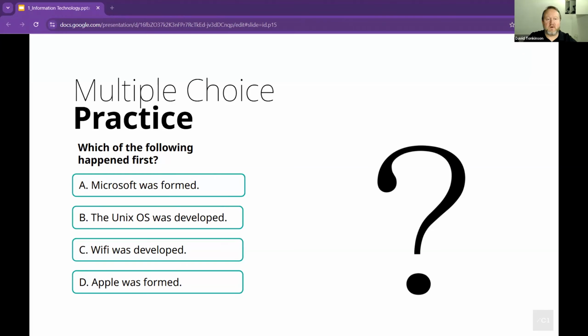Tintan B, spot on, well done. Unix was first operating system, essentially. While Marcos is typing something, does anyone recognize what one of these is?